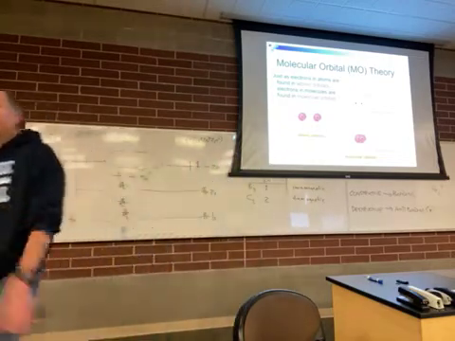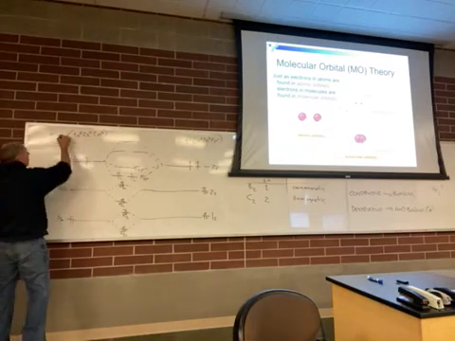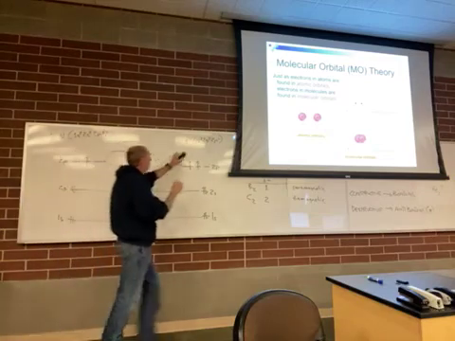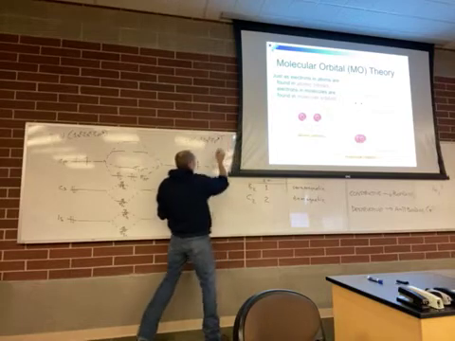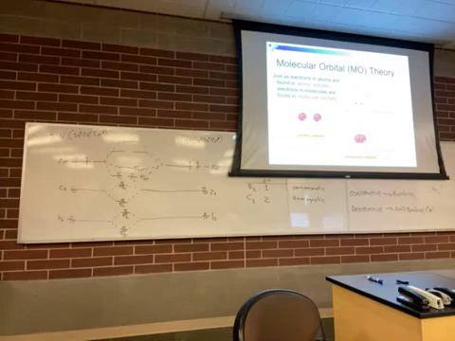Well, let's go on. What is the electron configuration of nitrogen? Anyone? 1s2, 2s2, 2p3. Where does that electron go?